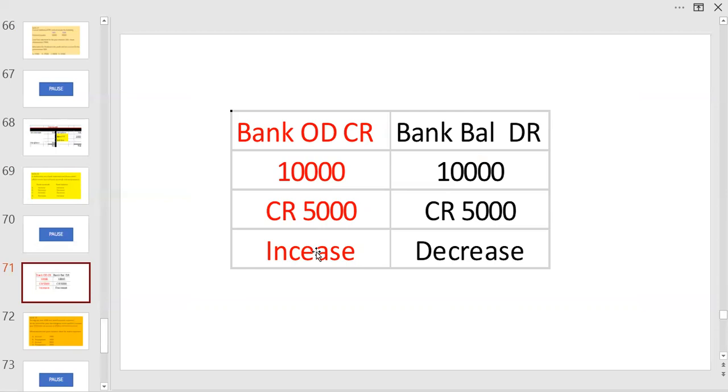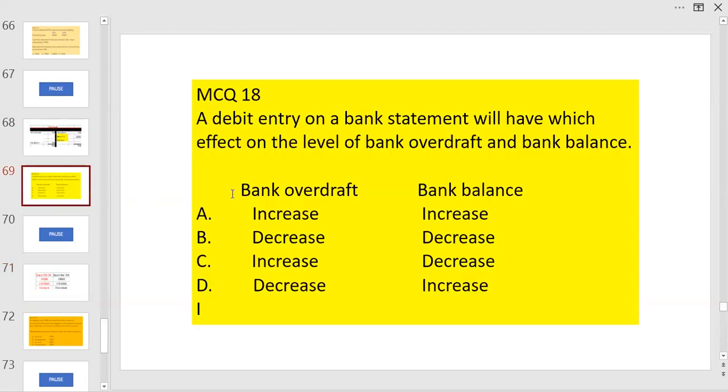It means it's an increase. If it is a bank balance situation, the balance will be 10,000, which is a debit balance. Then if you do a credit of 5,000, that will reduce the balance. Therefore, this will be the position. Now, if you look at the question again, they say increase, increase.